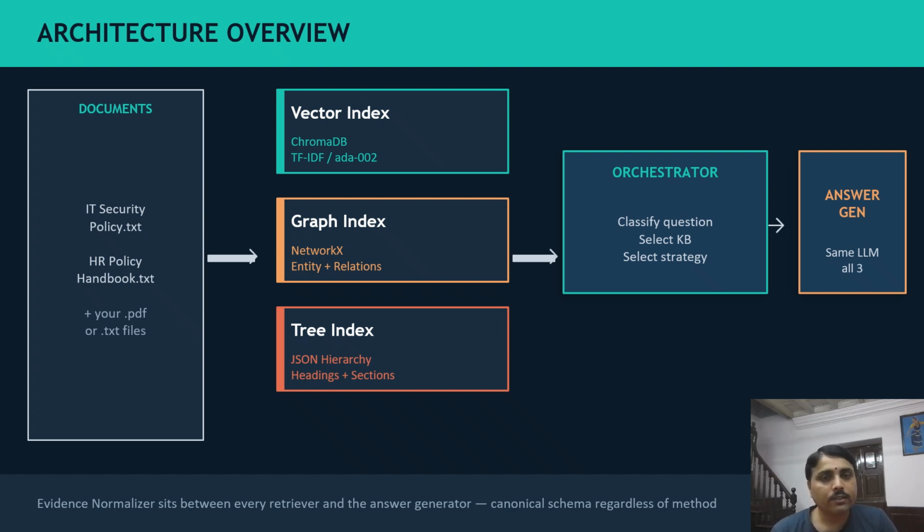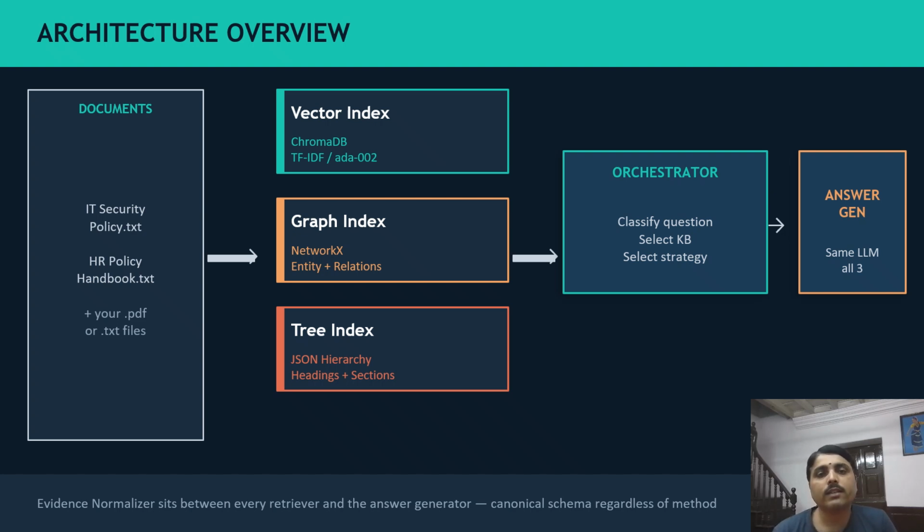The graph index uses an LLM to extract entities and relationships, then stores them in a NetworkX directed graph where every node keeps a back reference to its source passage. The tree index detects headings and subheadings and builds a hierarchy tree. No LLM needed, just pattern matching.